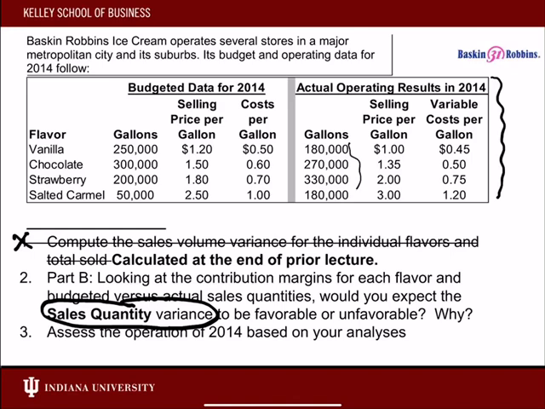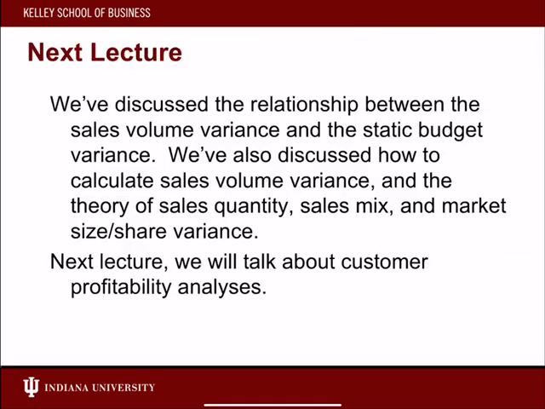Look at these changes in sales quantities and try to see what you think, if it'd be favorable or unfavorable, and why. And again, the solutions for 1, 2A that we used in the last lecture, and this 2B, all these will be posted on the slides on Canvas.